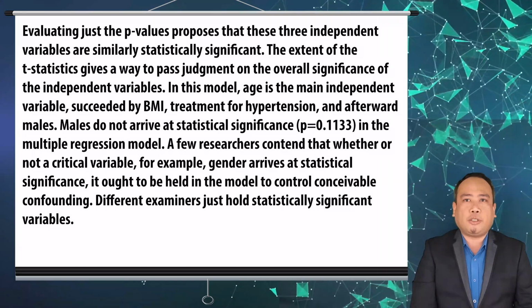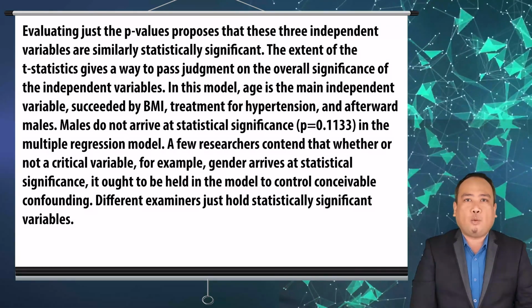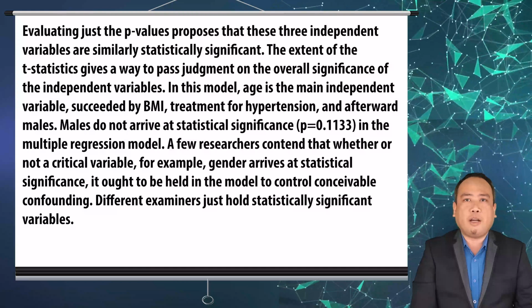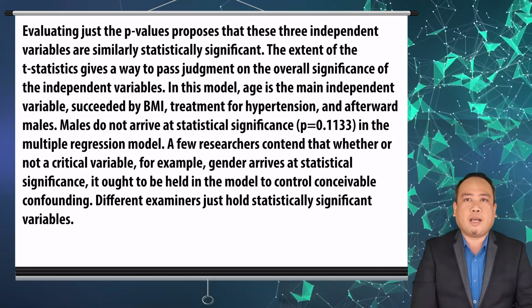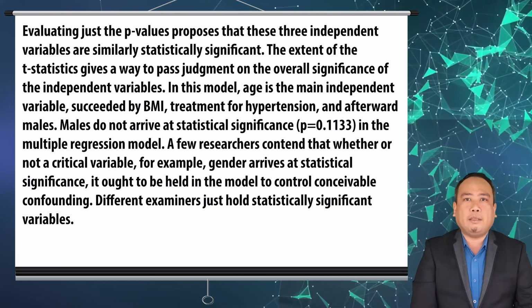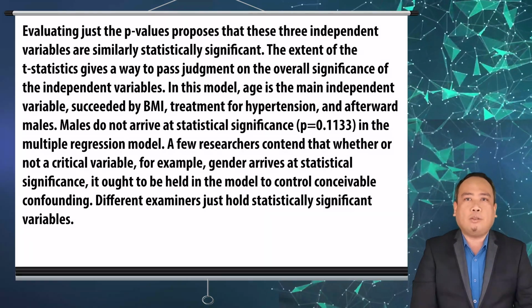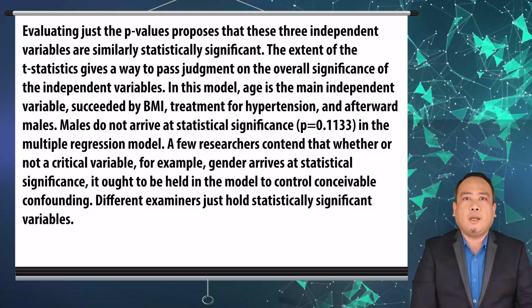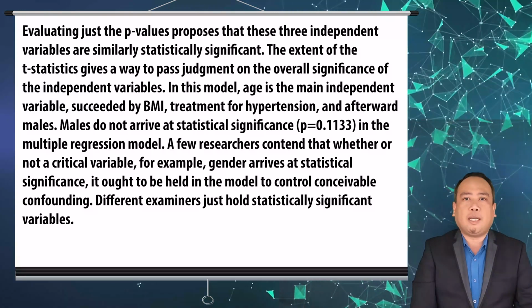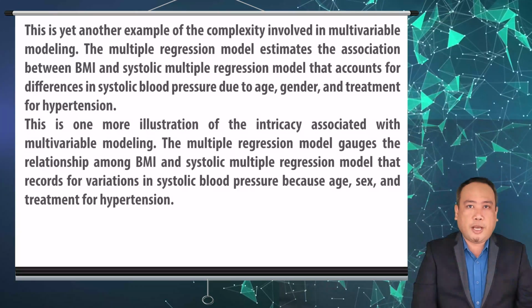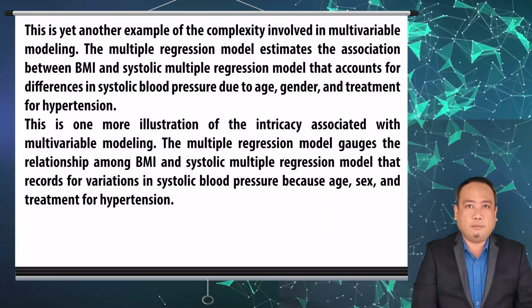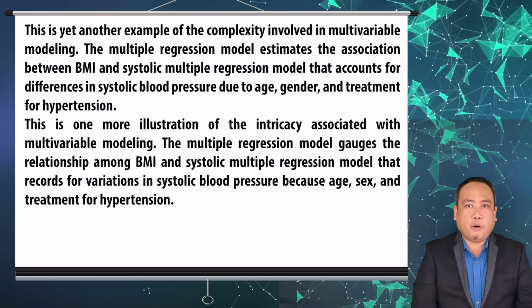A few researchers contend that whether or not a variable such as gender reaches statistical significance, it ought to be held in the model to control possible confounding. Other investigators only hold statistically significant variables. This is yet another example of the complexity involved in multivariable modeling.